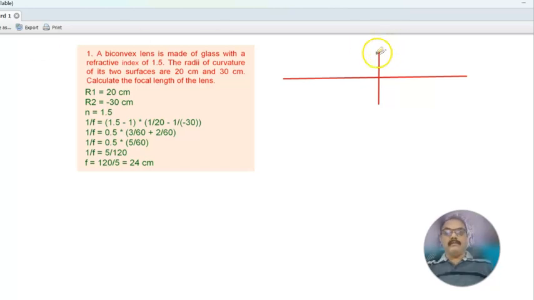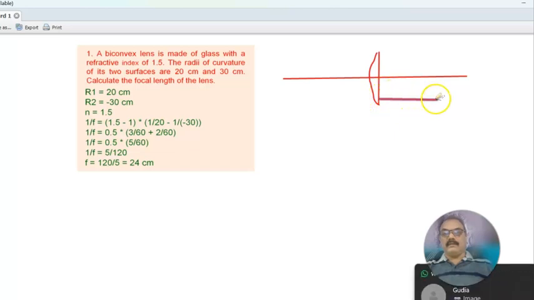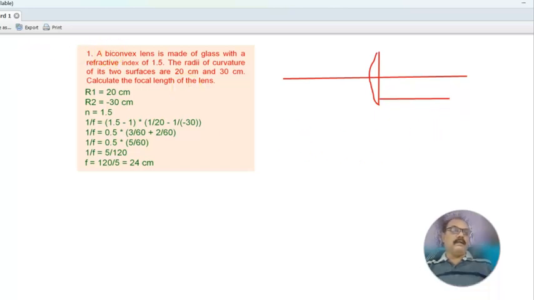One is this one, the convex surface. For this, the radius of curvature is on this side. This is the radius of curvature R1. And for the other surface of the convex lens, the radius is on the other side.